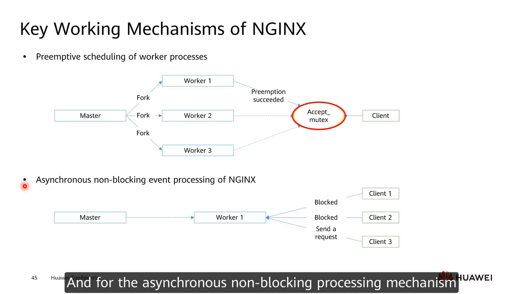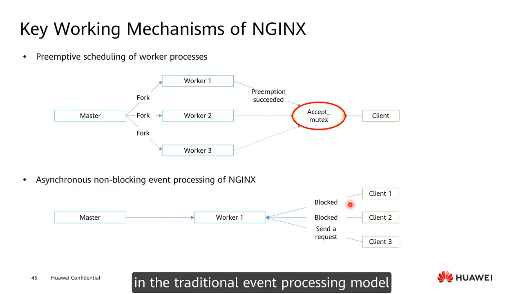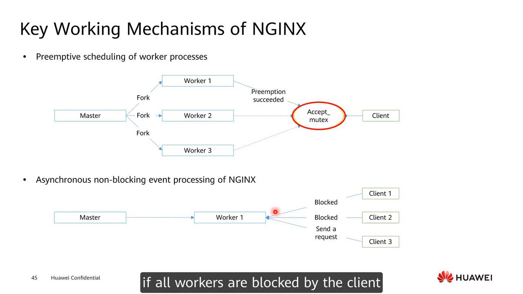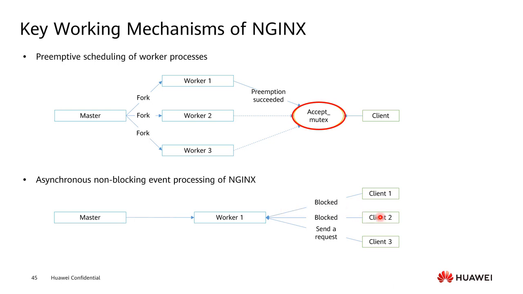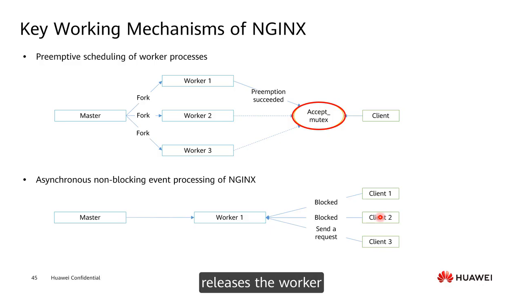As for the asynchronous non-blocking processing mechanism, in the traditional event processing model, if all workers are blocked by clients, a new client needs to wait until the original client releases the worker before the request can be processed.